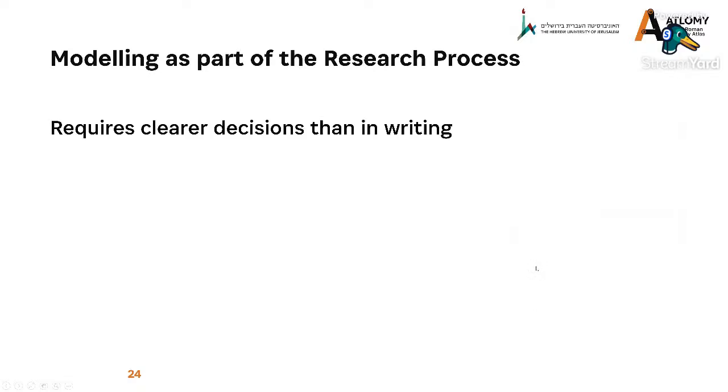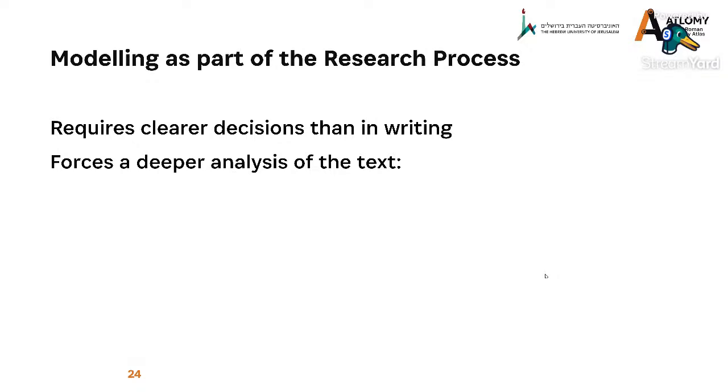Now I want to talk briefly about the importance of this part of the research, of how modeling really improves our research. Creating these visual representations of our interpretation and understanding of the text requires much clearer decisions than if I were writing up my results in an article, or even creating it in 2D.